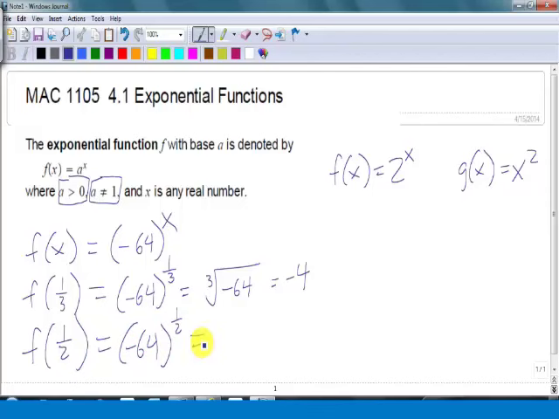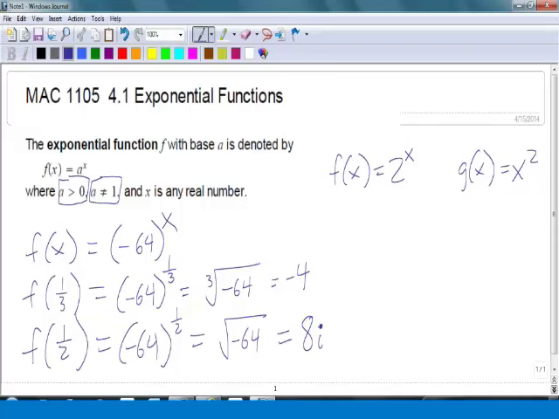If raised to the 1/3 power means take the cube root, raised to the 1/2 power ought to mean take the square root. And what is the square root of negative 64? It is an imaginary number. It is 8i, and we would very much like our exponential functions to be real valued. Pick a real number, any real number, put it in, get a real number as the answer.